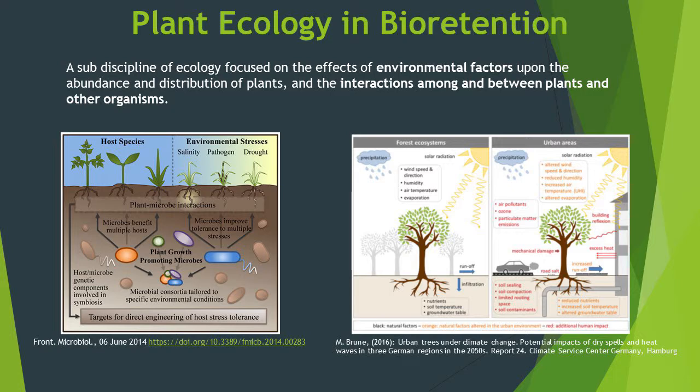The picture on the left describes generally how microbial communities will help their host species tolerate stressors like drought, salinity, pathogens, and the host species can also help other plants tolerate those stressors as well. The picture on the right here is just a real general description of how a plant species will be affected differently depending on if it's in a forested environment or in an urban environment.